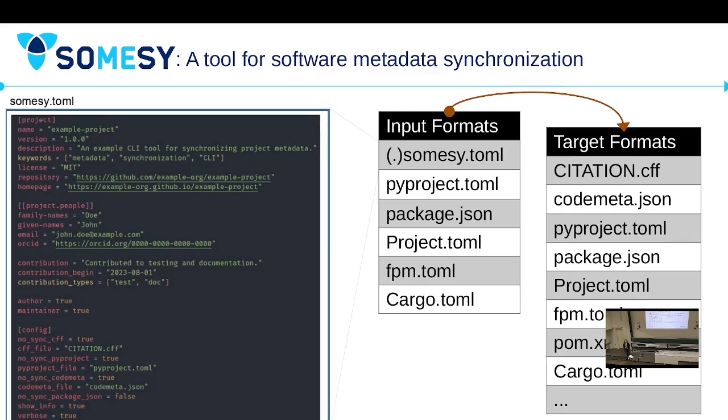So you basically have one central TOML file, and it also integrates with some standard files you might care about. It supports multiple target formats, so the citation file I mentioned, codemeta, but also you might find your programming language file here. So if you are interested in having good metadata in your software project, but don't want too much overhead, maybe look into SoMessy or check out our template.